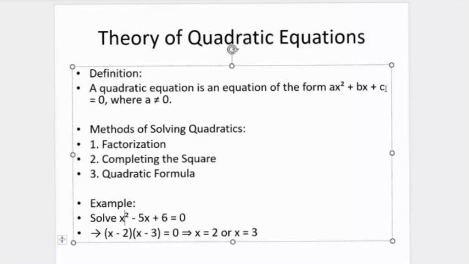Here, our constant a is 1 because the coefficient of x squared is 1, and the constant c is 6 because that is the term that does not have any x attached to it. So you first multiply your a and your c. In this example, that will be 1 times 6, which gives us 6.